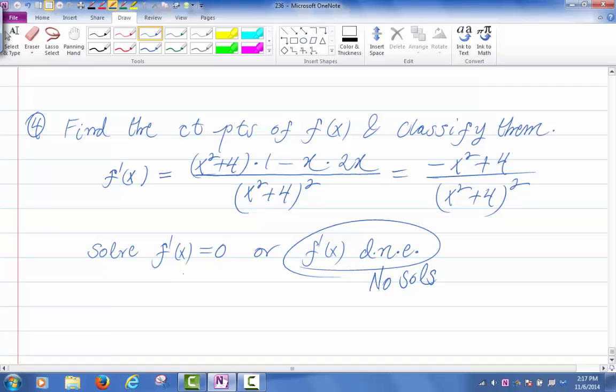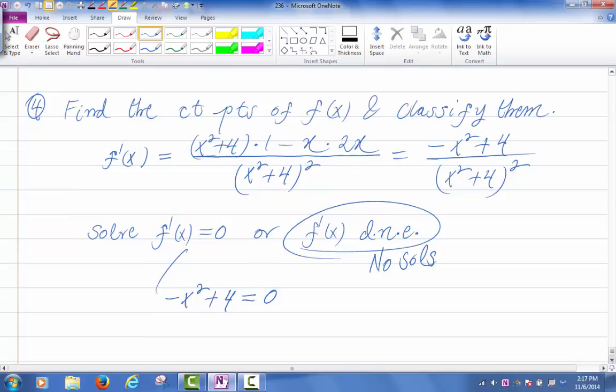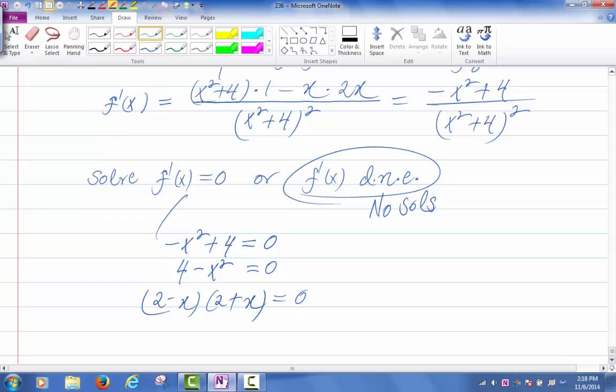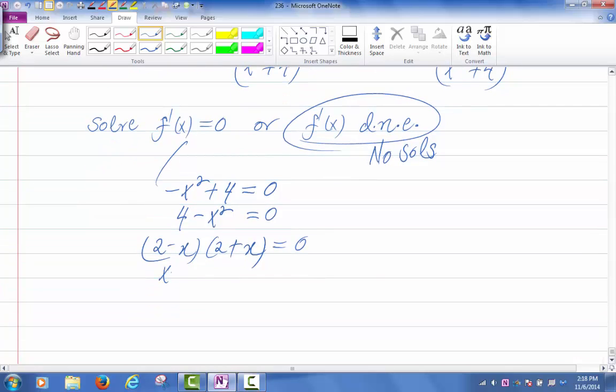And from this part, what can I say? If the derivative is 0, what should be 0? The numerator of the derivative should be 0, right? Which would be negative x squared plus 4 equals 0, which means 4 minus x squared is 0, which means (2 minus x)(2 plus x) is 0, and which means that x is 2 or x is negative 2.